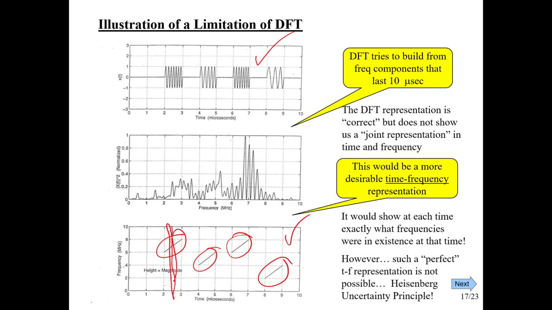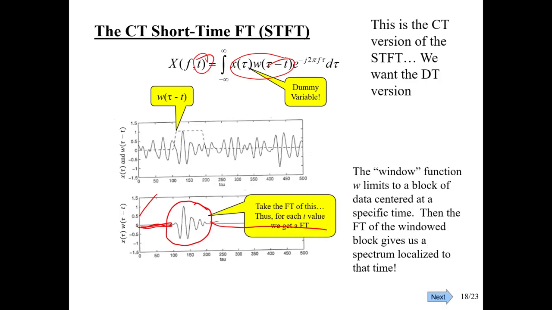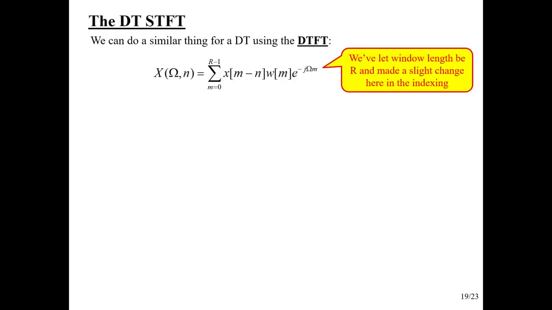On a vertical line, instead of having a nice sharp edge there, that would get smeared out into a main lobe, and we'd get some side lobes up there and down there. We'll see some pictures in just a little bit. So the window function's job is to limit the range that the Fourier transform has access to, so that we have a time localized spectrum, and that's called the short time Fourier transform.